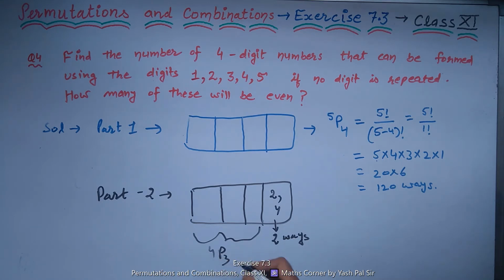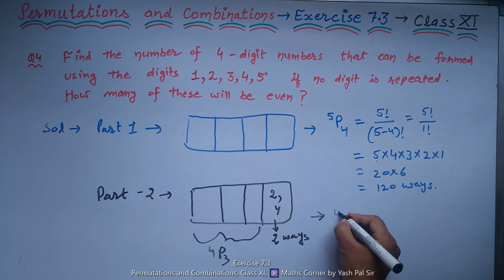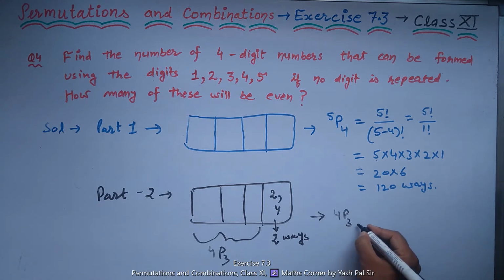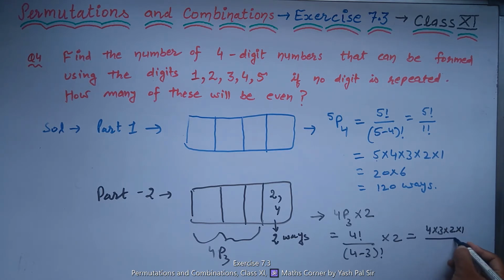So the number of even numbers is equal to 4P3 into 2, which is 4 factorial divided by (4 minus 3) factorial into 2, which is 4 into 3 into 2 into 1 divided by 1 factorial, into 2.